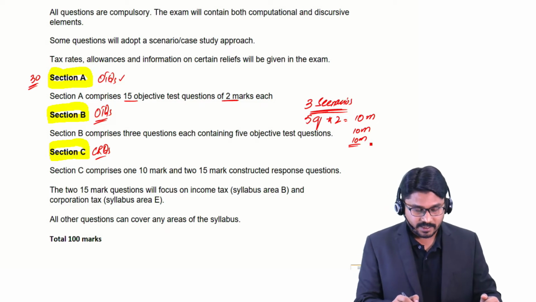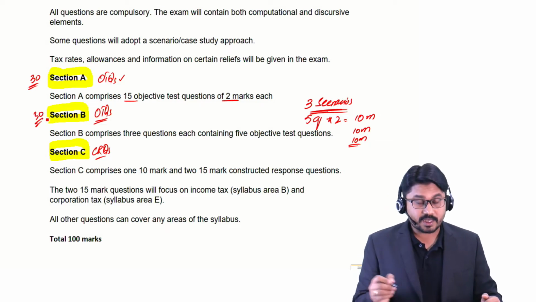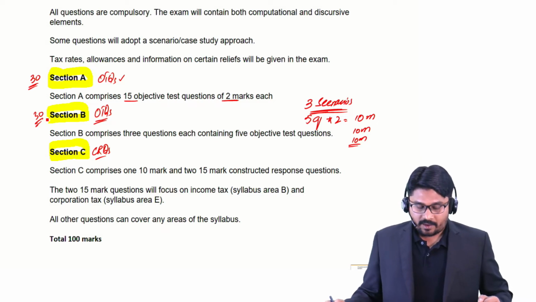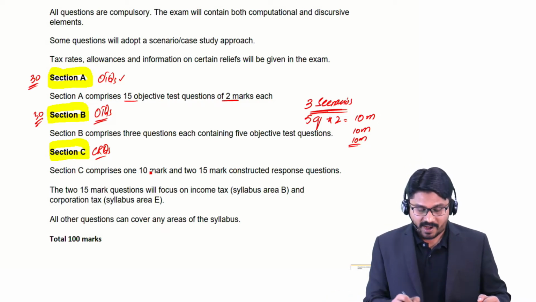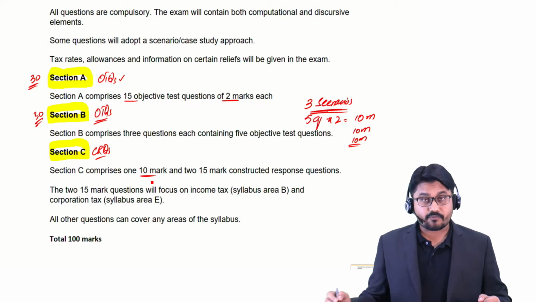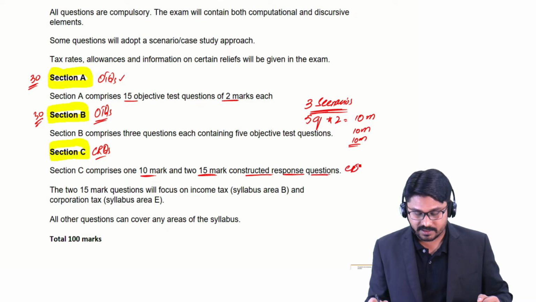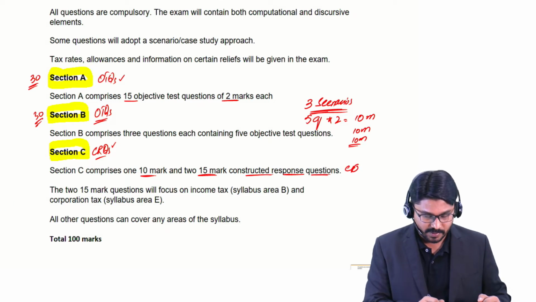So in total, Section B is 30 marks. With respect to Section C, you will find one question for 10 marks and two 15 marks constructive response questions. All these are CRQs as mentioned there.